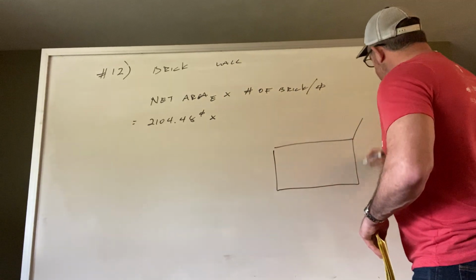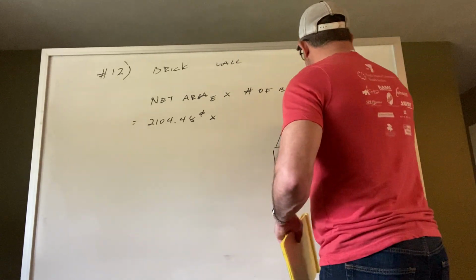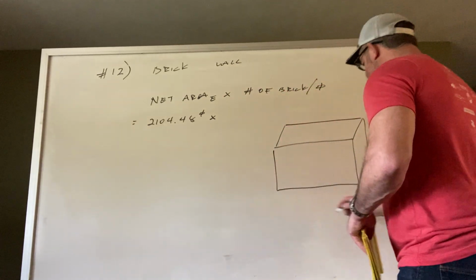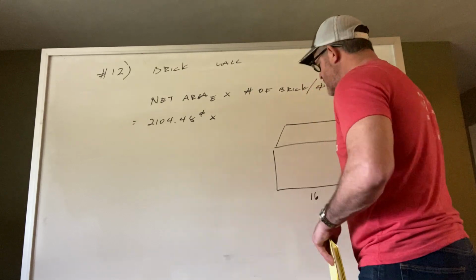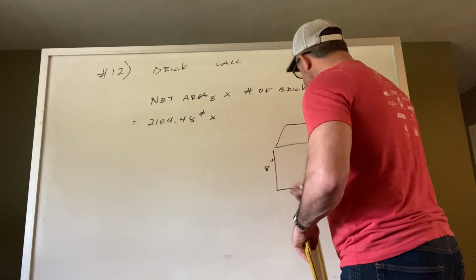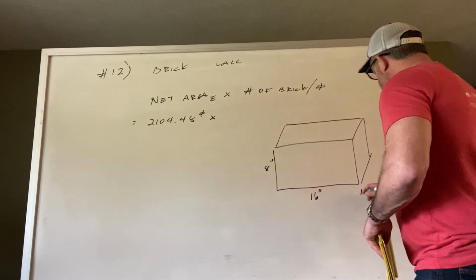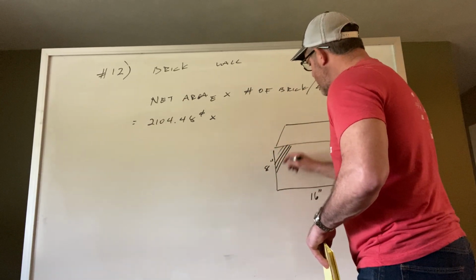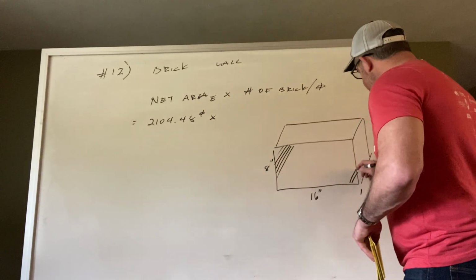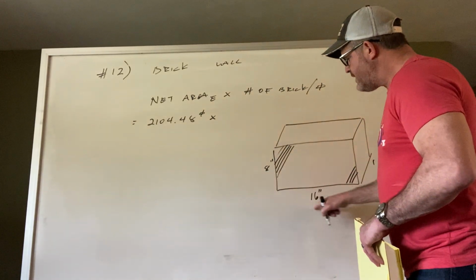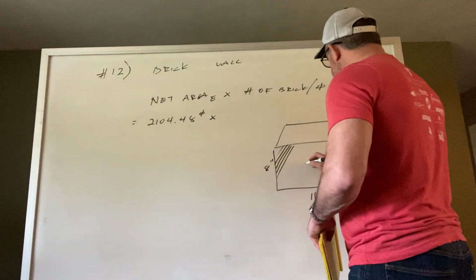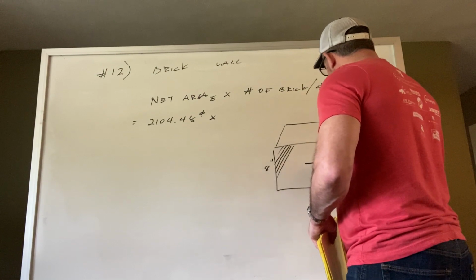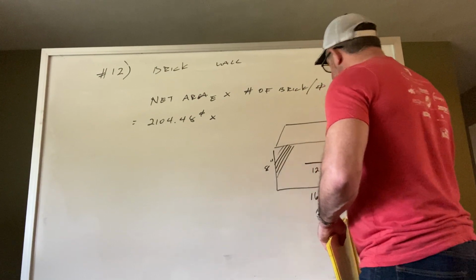Okay, our block, we said, all right, a standard block is always 16 inches long. A standard block is always 8 inches tall. Okay, we don't care about the width because we're looking at the face area of that block. So we said, all right, if I take 16 times 8, I determined that I have 128 square inches.